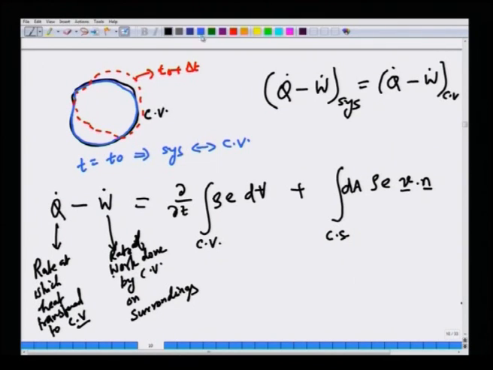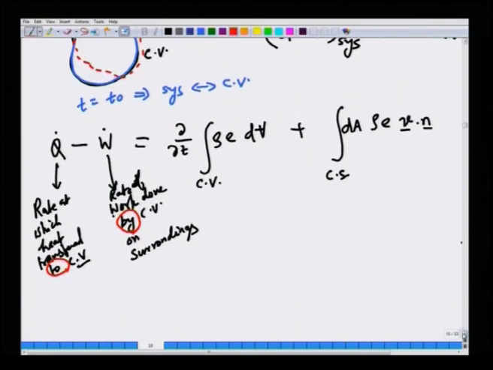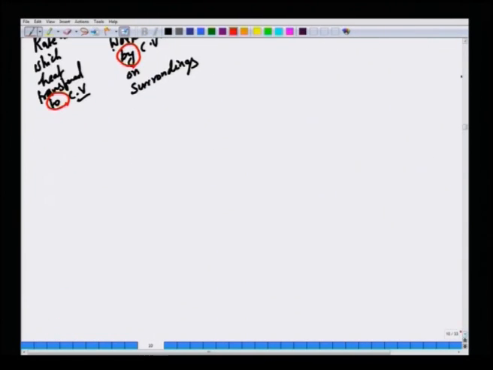The key thing you should notice is that work is by CV on surroundings, and heat is to CV from surroundings. This is very important when we do the problems using energy balance. Now, that completes the formal statement of the energy balance.